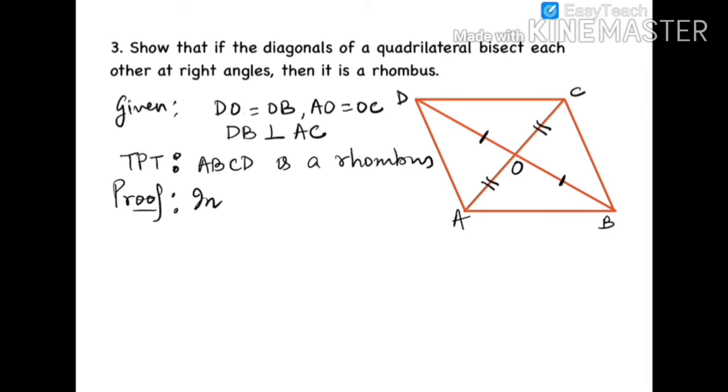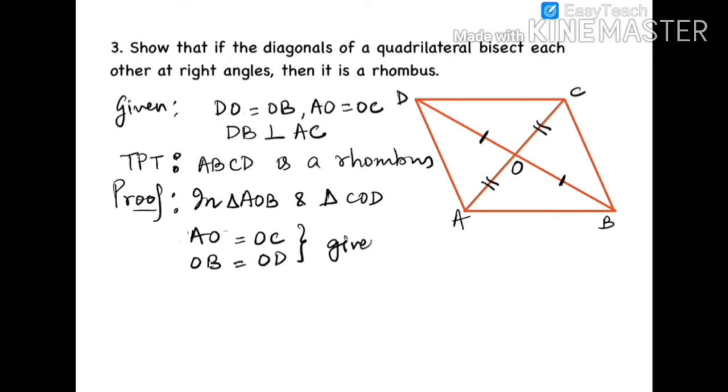So let's consider triangle AOB and triangle COD. AO is equal to OC and OB is equal to OD. This is given.